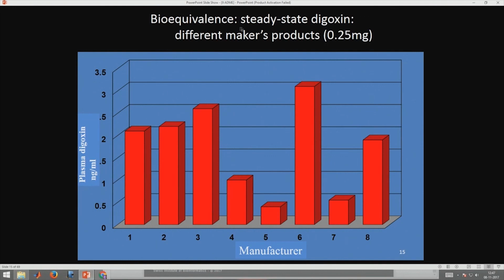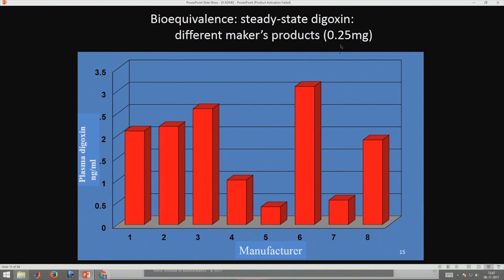Bioequivalence can change, bioavailability or bioequivalence. For example, this is a very interesting data. This is a compound called digoxin, and different manufacturers make it. Imagine 8 different manufacturers make it, and you give 0.25 milligram of that particular drug, but the plasma digoxin concentration could be very different, as you can see here, in mg per ml.